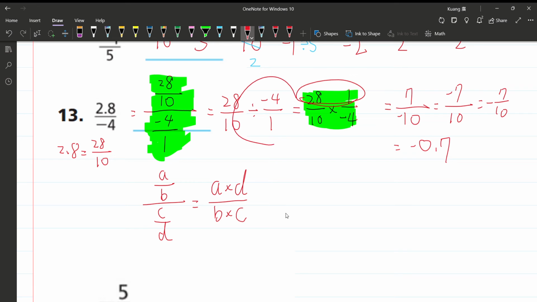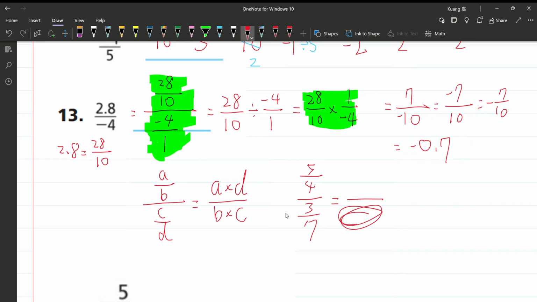You don't have to write divided and multiply the reciprocal. You'll be faster, right? So I give you an example. 5 over 4 over 3 over 7. So you can just write the denominator is 3 times 4. The numerator is 5 times 7. This is very, very useful.